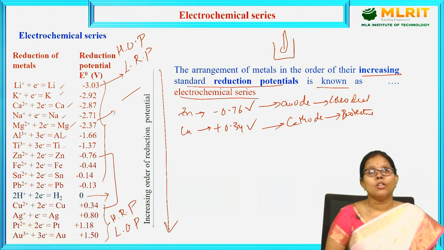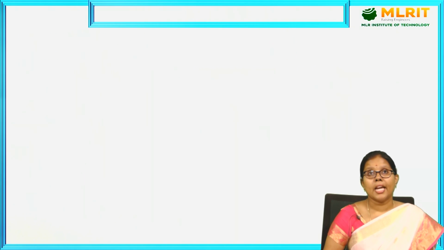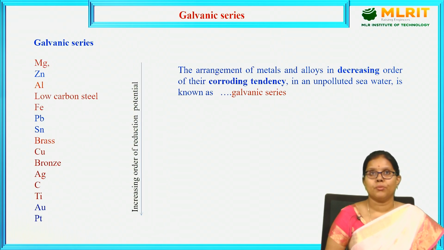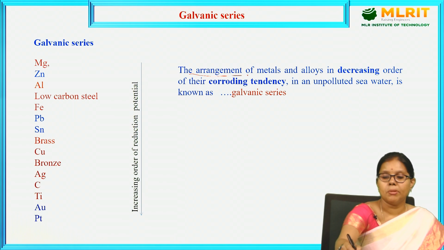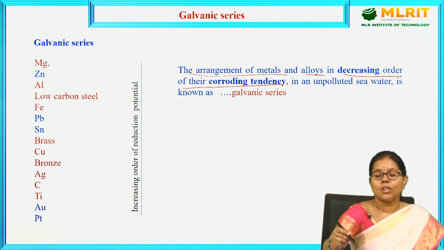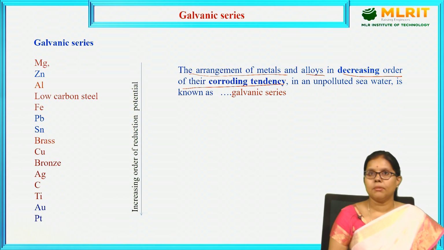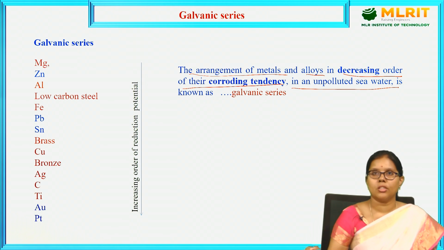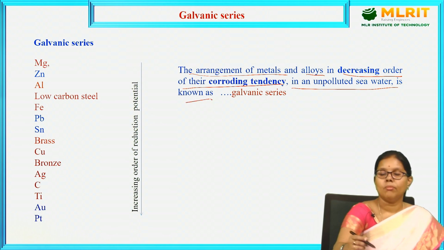Previously, in the electrochemical series, we have chosen only pure metals. In the galvanic series, we can take alloys also. It is the arrangement of the metals and alloys in decreasing order of their corroding tendency, that is, which is having less tendency and which is highly protected, in unpolluted sea water.